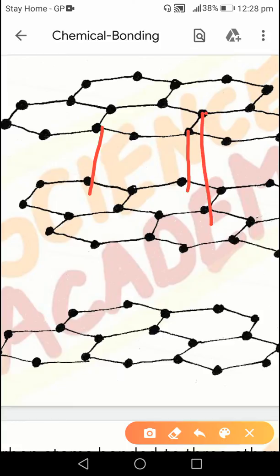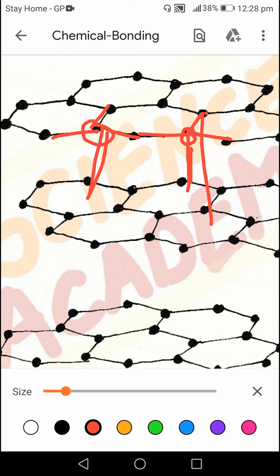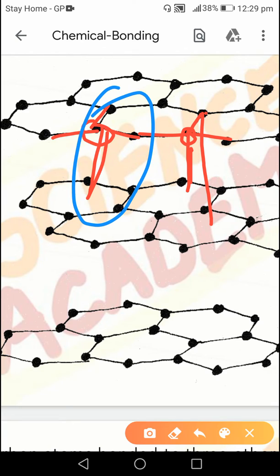Now look, this carbon atom forms 1, 2, 3, 4 bonds, isn't it? This carbon atom forms 1, 2, 3, 4 bonds, isn't it? So diamond can also be imagined in this way, that the layers of graphite are now interconnected by covalent bonds between the carbon atoms.